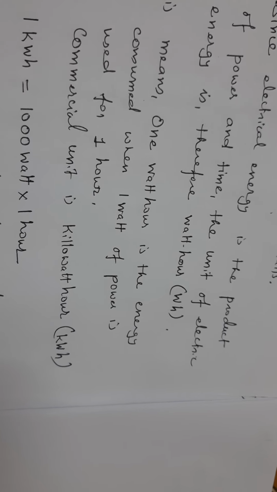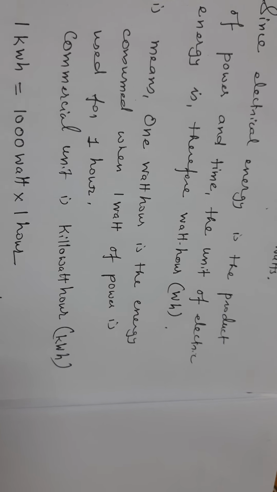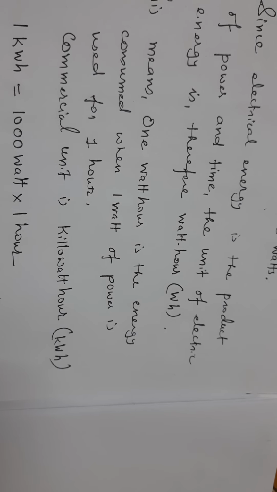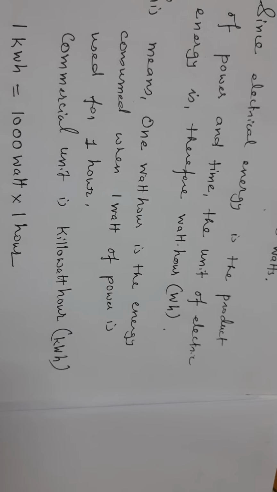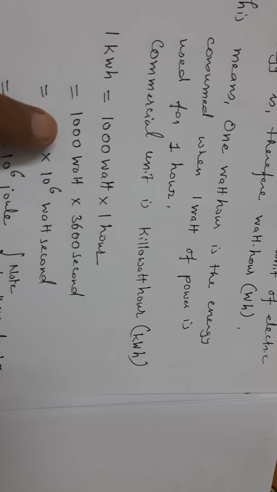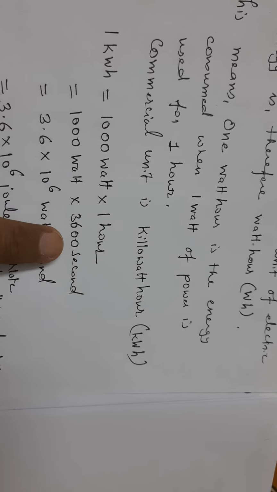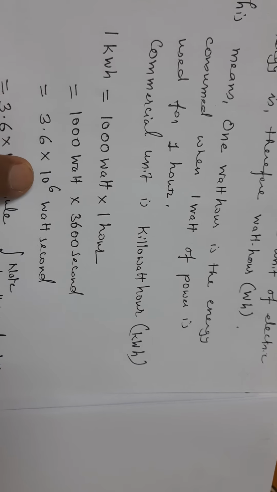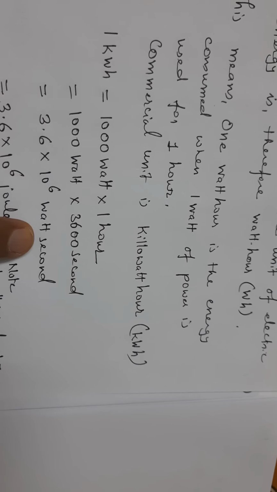So sometimes you may be asked to convert 1 kilowatt hour into joules. So 1 kilowatt means 1000 watt, hour means 3600 second. So here we have 1000 into 3600 watt second, which on simplification comes to 3.6 into 10 raised to 6 watt second.